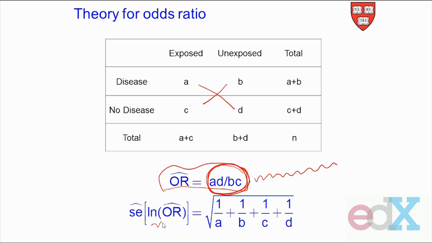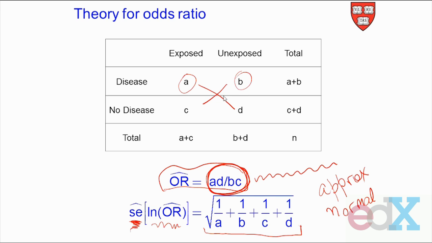If you look at the log of the odds ratio, that is approximately normally distributed, with a standard error that we can estimate very prettily this way: 1 over A plus 1 over B plus 1 over C plus 1 over D. So there it is. That's the theory for odds ratios.